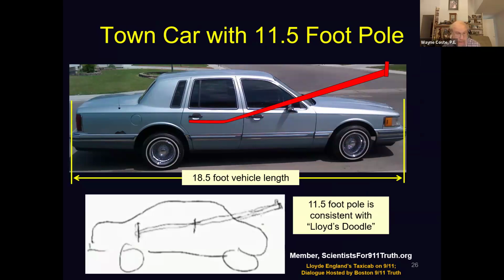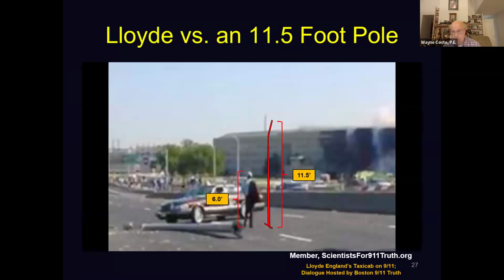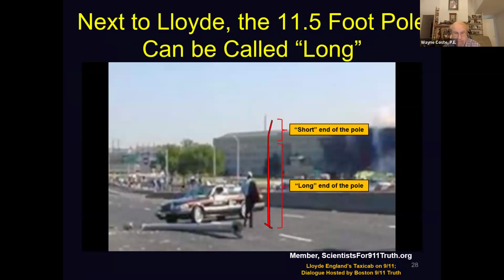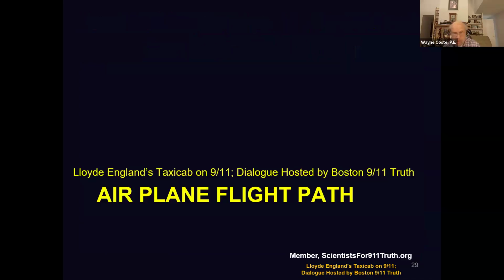It's right where Lloyd has been describing it verbally. It would of course be a long pole. This is the 11.5-foot pole next to Lloyd's. There's a short end and a long end, which basically fits his description, except it's not the mast pole.